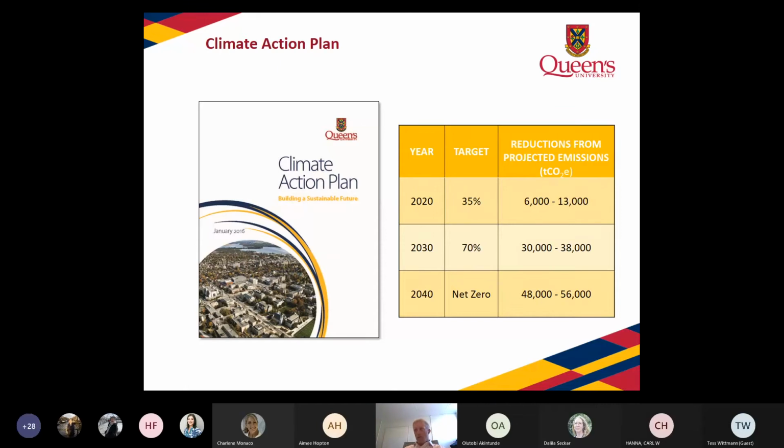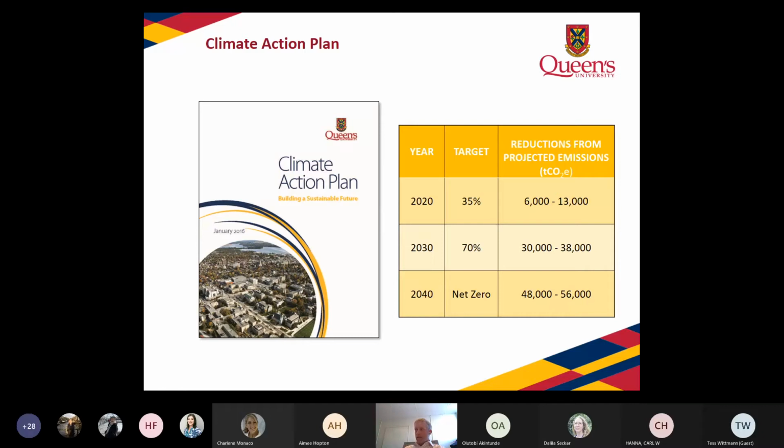So the federal government has a 2005 baseline with a 30% reduction by 2030. We have a little bit of a later baseline, but it's still a good baseline to go off of, and it's 70% by 2030. So we're further ahead than the federal government.